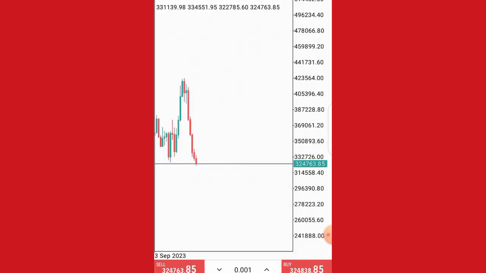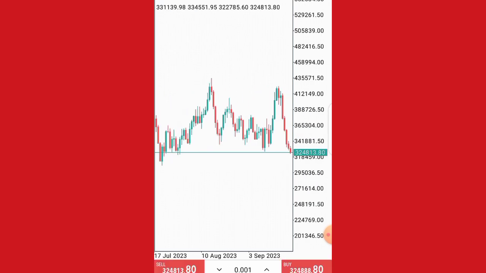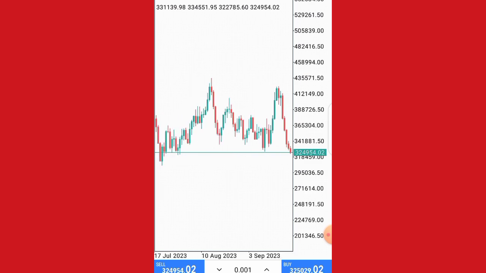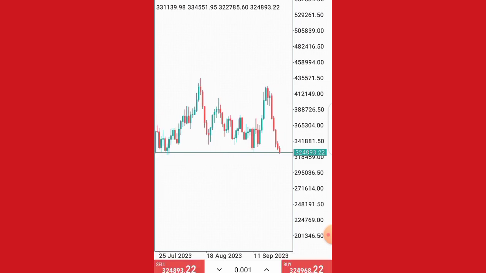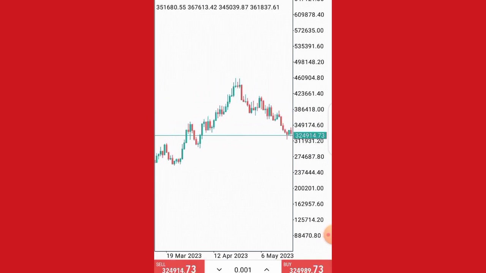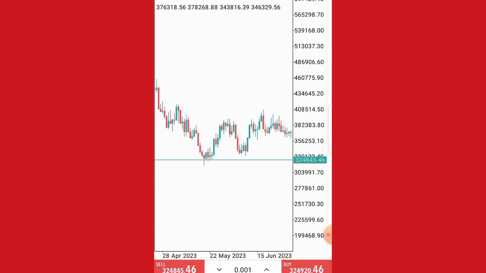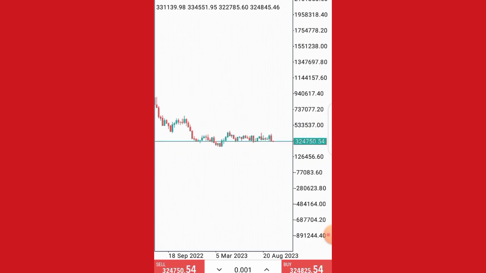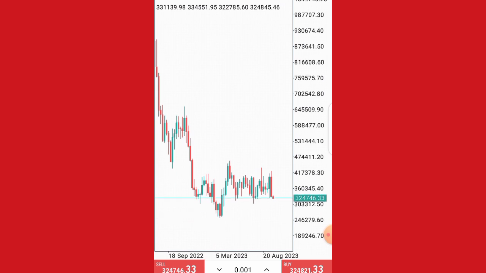If you remember when I was teaching you guys about support and resistance, I said there are places where price reaches and then reverses, right? When price reaches a section and then it reverses, that place can be termed as our support and also our resistance.